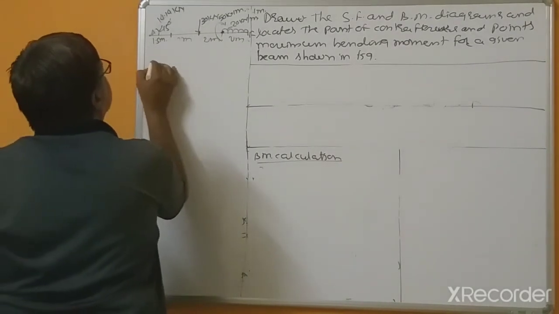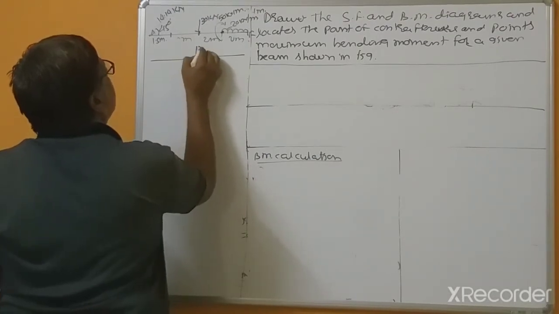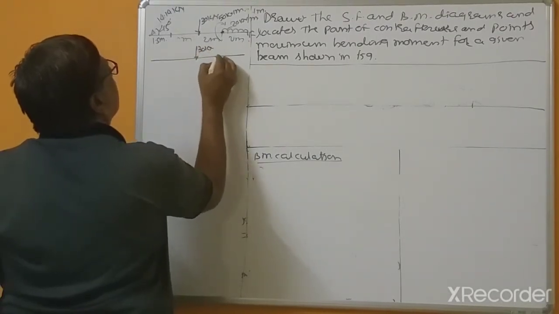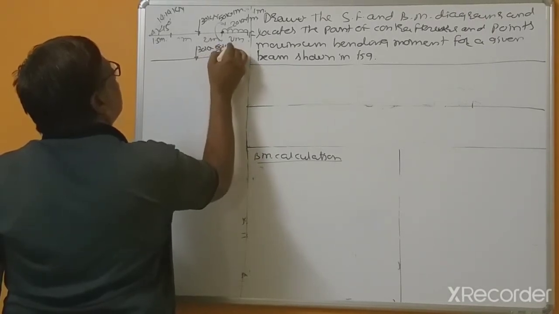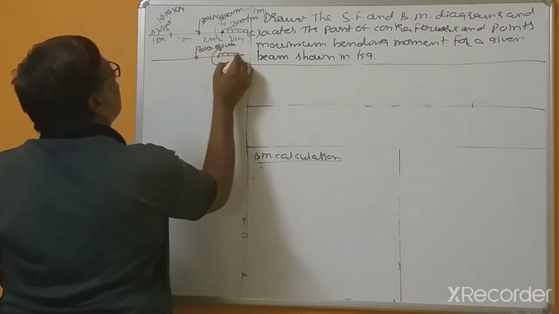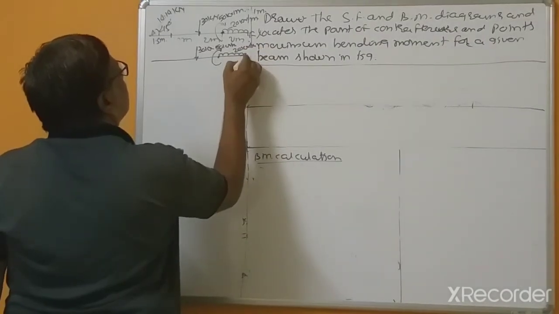So first we will draw the load diagram. This is 30 kilonewton and this is 50 kilonewton meter. Uniform distributed load 20 kilonewton per meter.